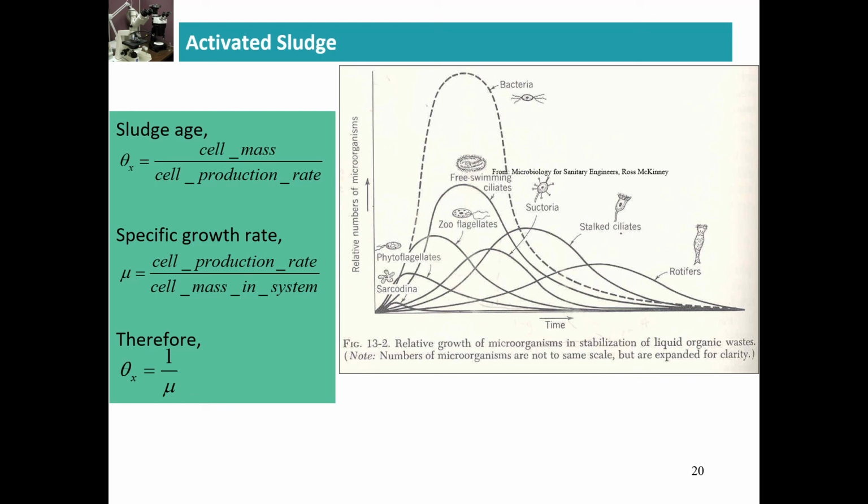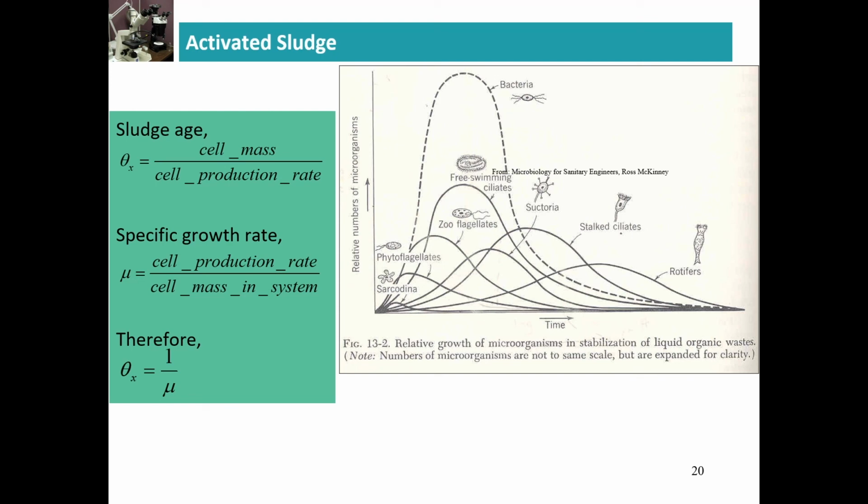For example, as I mentioned before, rotifers have a peak towards the end of activated sludge age, and bacteria, for example, are more dominant at the beginning or the middle of the activated sludge age.